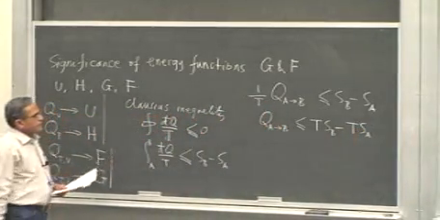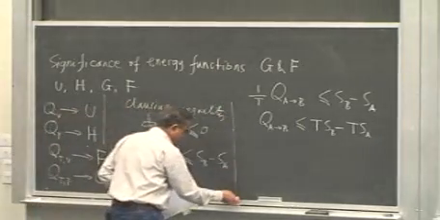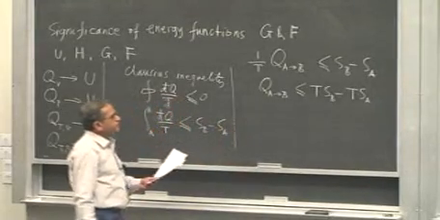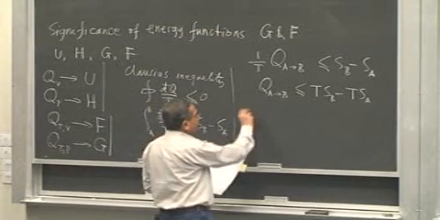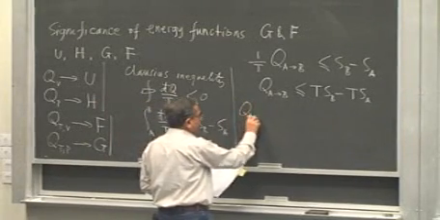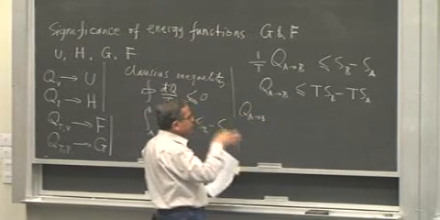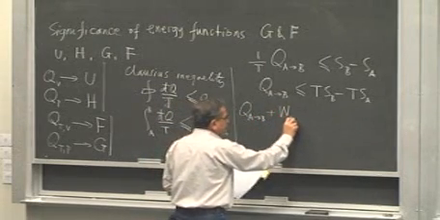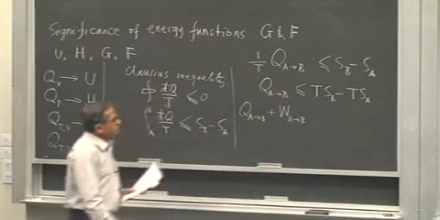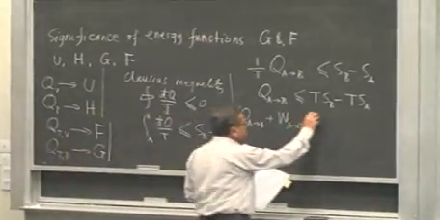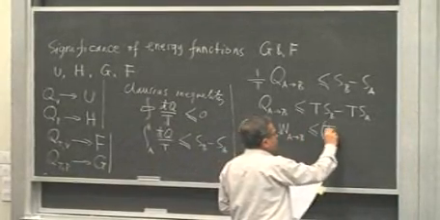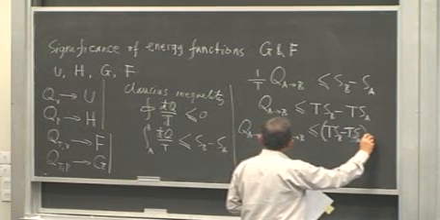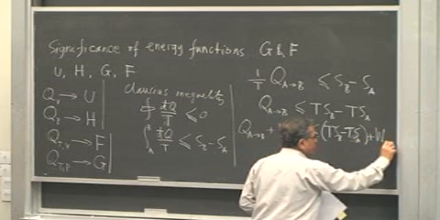Now what I would like to do is to add to the two sides WAB. So I'm saying QA to B, amount of energy supplied to the system, plus the amount of work that is done on the system, is less than or equal to this quantity TSB minus TSA plus WA to B.